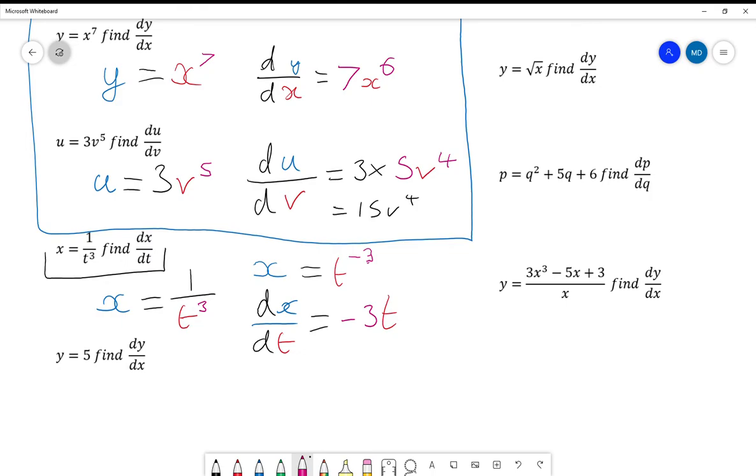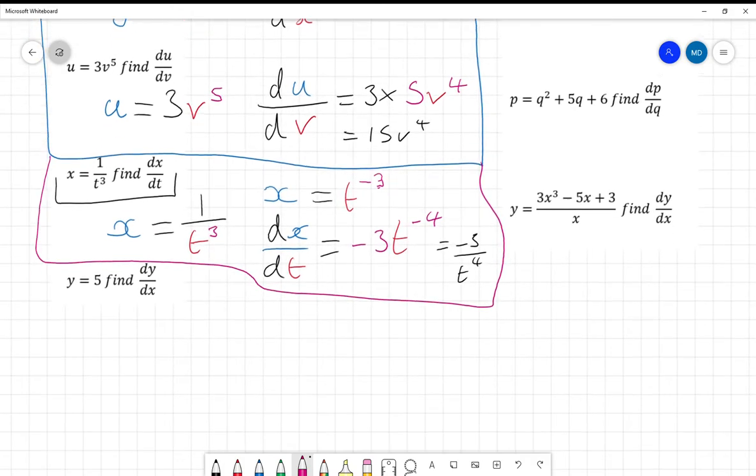So not negative 2, it's tempting to say negative 2, and we get negative 4. And then you could simplify that and return it back to fraction form, in which case you'd get minus 3 over t to the power of positive 4. So there's an example of a fraction being a little bit awkward.